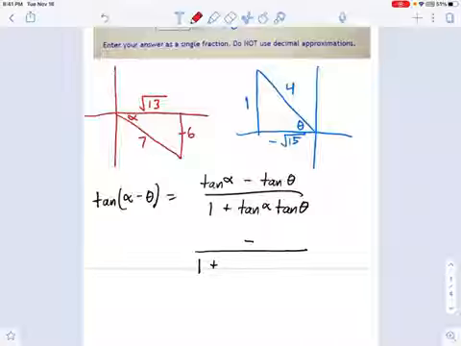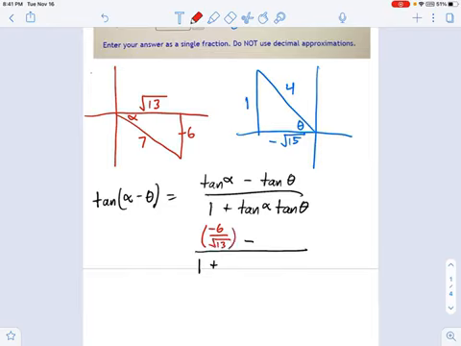So tangent of alpha is, let's see, opposite over adjacent, that's going to be -6 over root 13. And tangent of theta, what do we have here? That's going to be -1 over root 15.